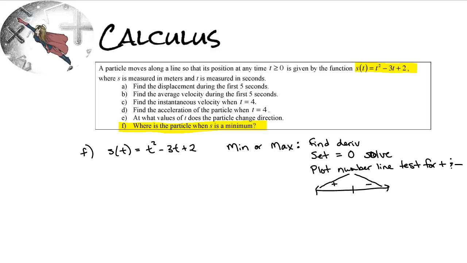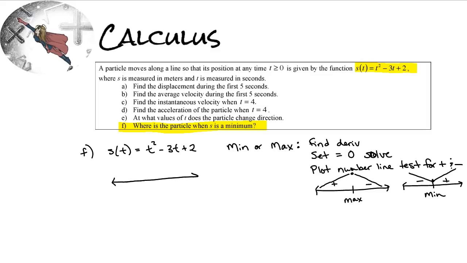And so positive switching to negative would create a max. And then just the opposite, if you have a number plotted and when you test you get a negative followed by a positive, that means that the original equation was going down and then up, which would create a minimum.